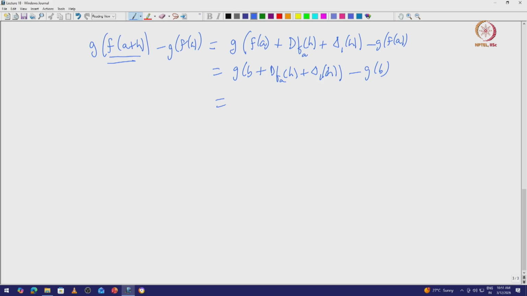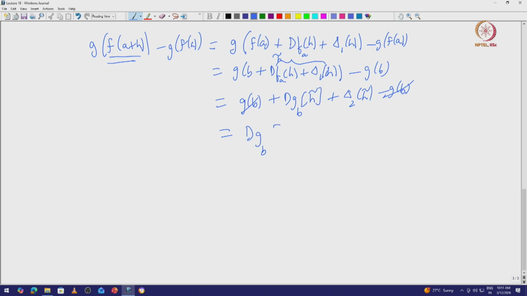What is g of b plus anything, right? We can give this a name. Let's say we call it h tilde. What is g of b plus h tilde? It is g of b plus the derivative of g at the point b multiplying h tilde plus the error term minus g of b. These two get cancelled out.